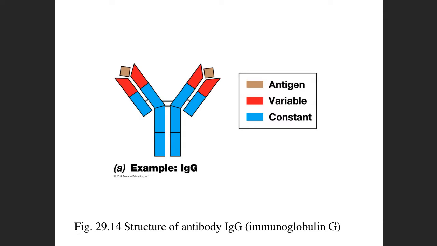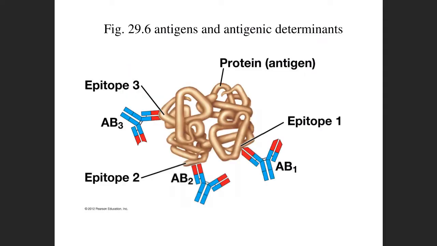Clonal selection. And so the B cell then produces plasma cells, and the plasma cell produces lots of IgG. And the scale of this antibody is also important.